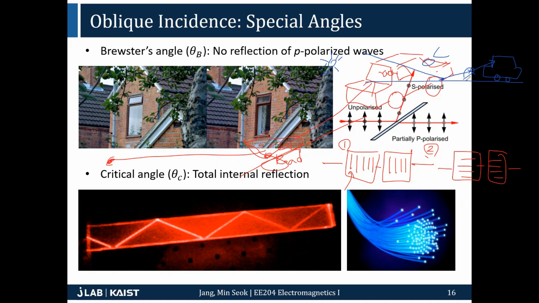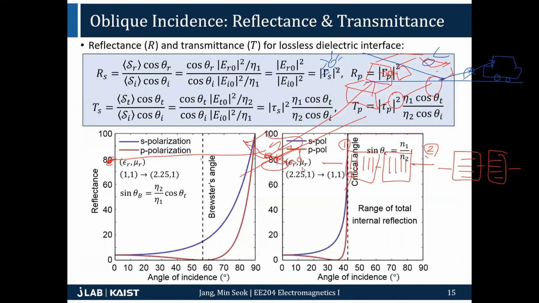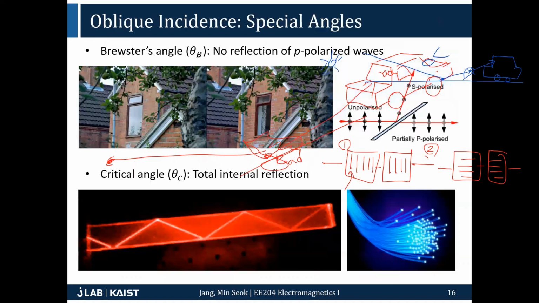So as I said, when there is oblique incidence of light, S polarized light is always more strongly reflected than P polarized light, right? So you need to filter out S polarization in order to prevent this.